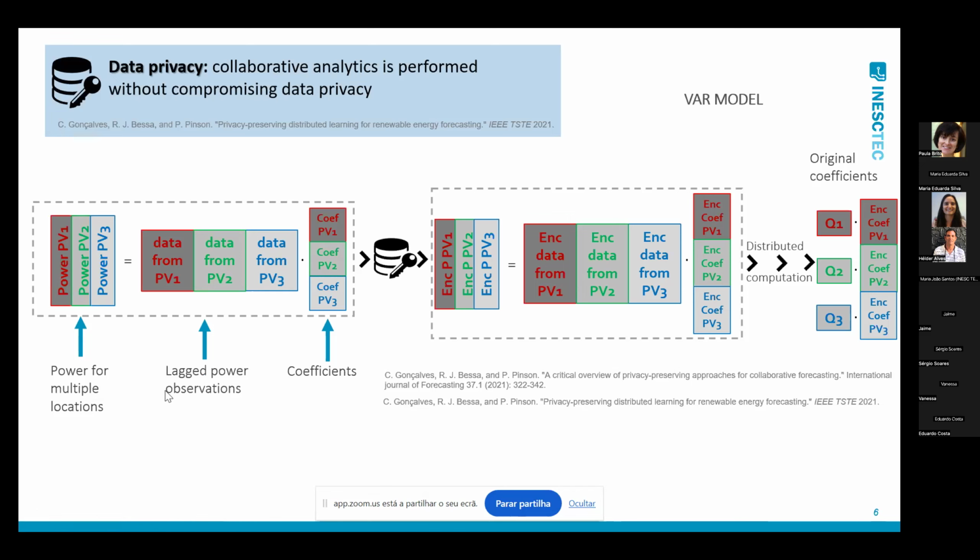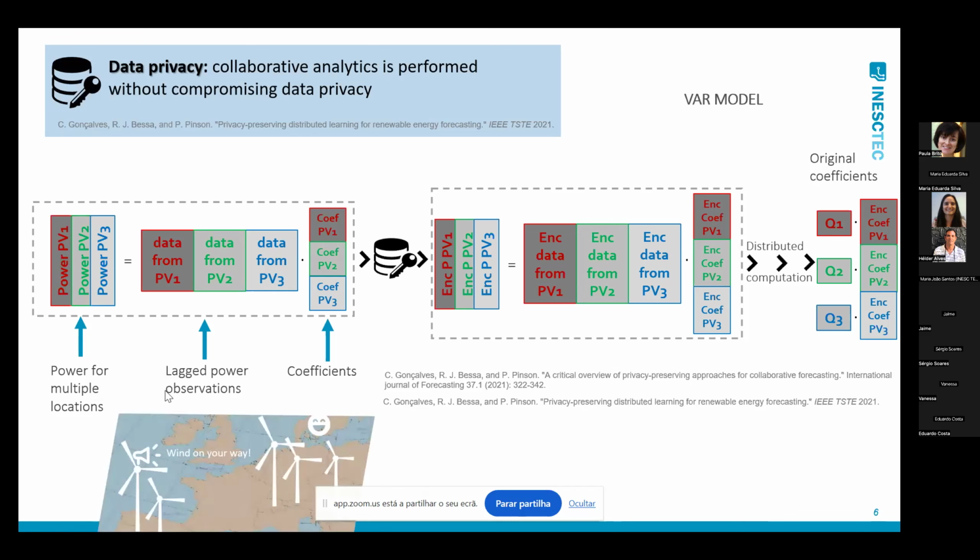And although it is relevant to advance with these types of approaches, privacy-preserving forecasting, collaborative forecasting, and we are doing that in our team, this might not be enough to promote data sharing. For instance, in my initial example with wind farms in the European map, the wind turbines on the right will be very happy with the results of the collaborative forecasting models.